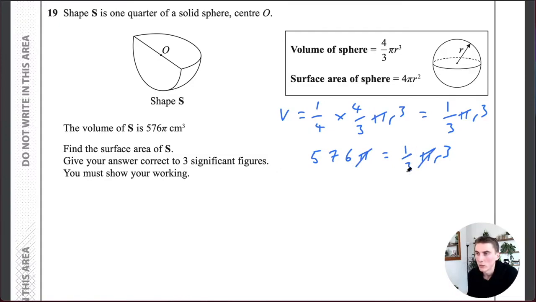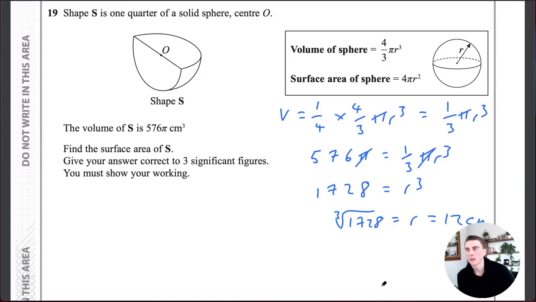And to get rid of this third, we can multiply both sides by 3. That will give us 1,728 equals r cubed. So now what we need to do is cube root both sides, and that will give us the radius. If you cube root this number, it gives you 12. So the radius is 12 centimeters.